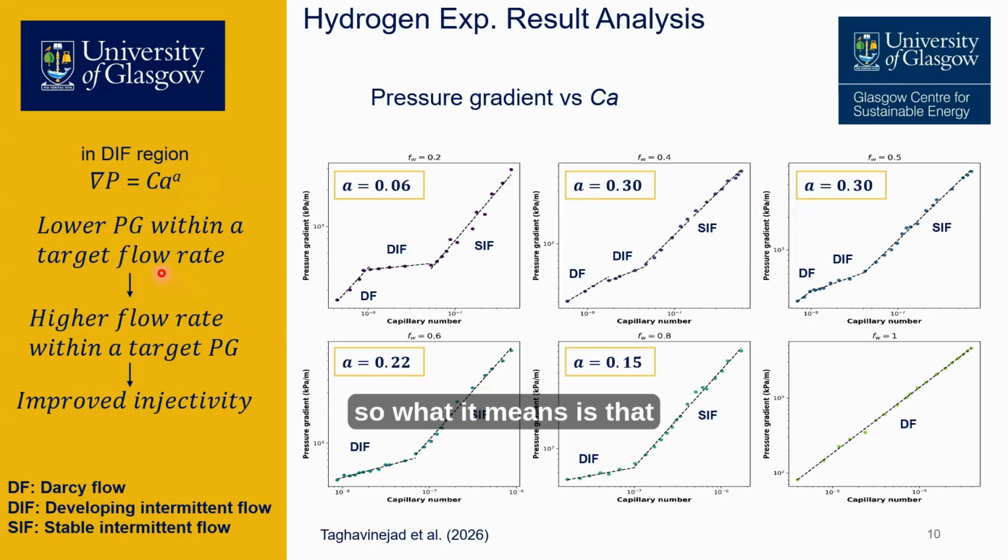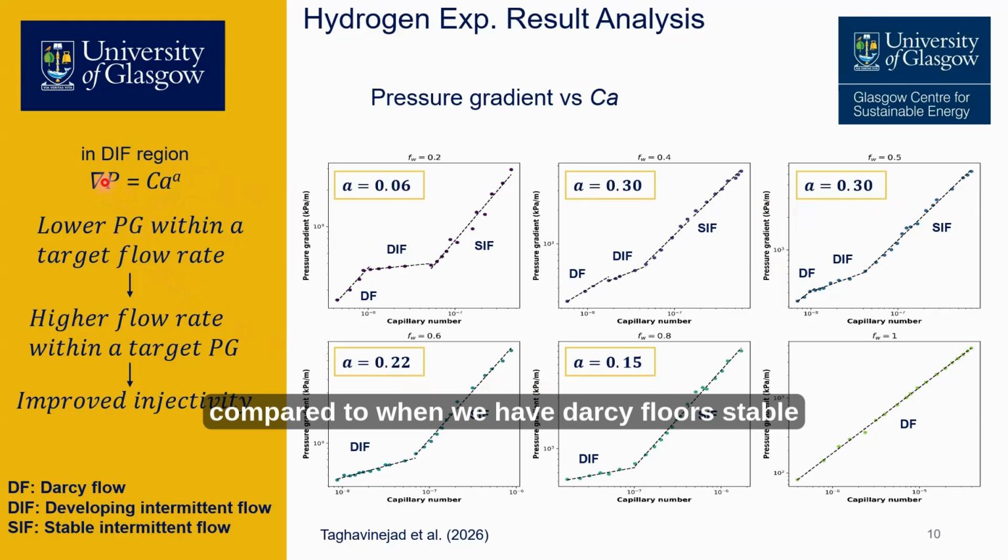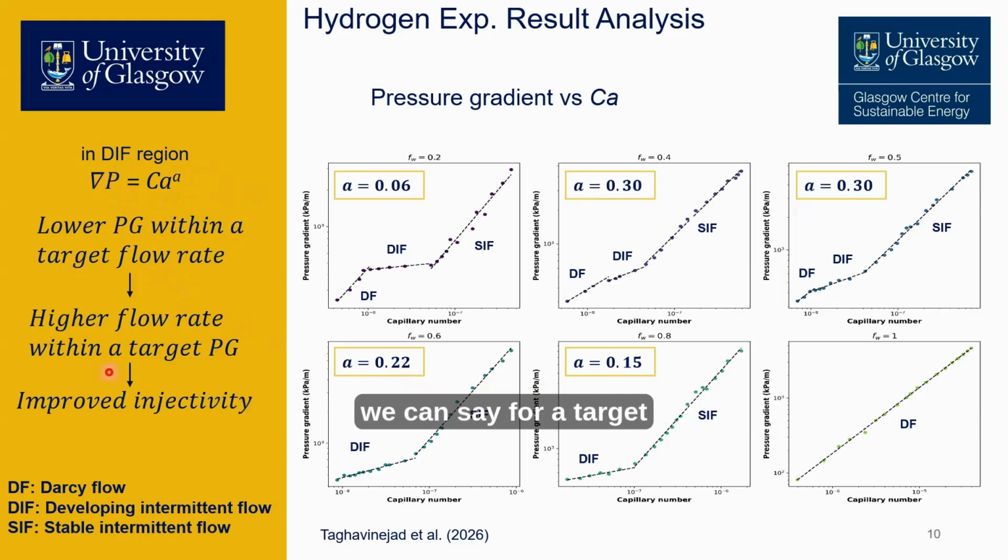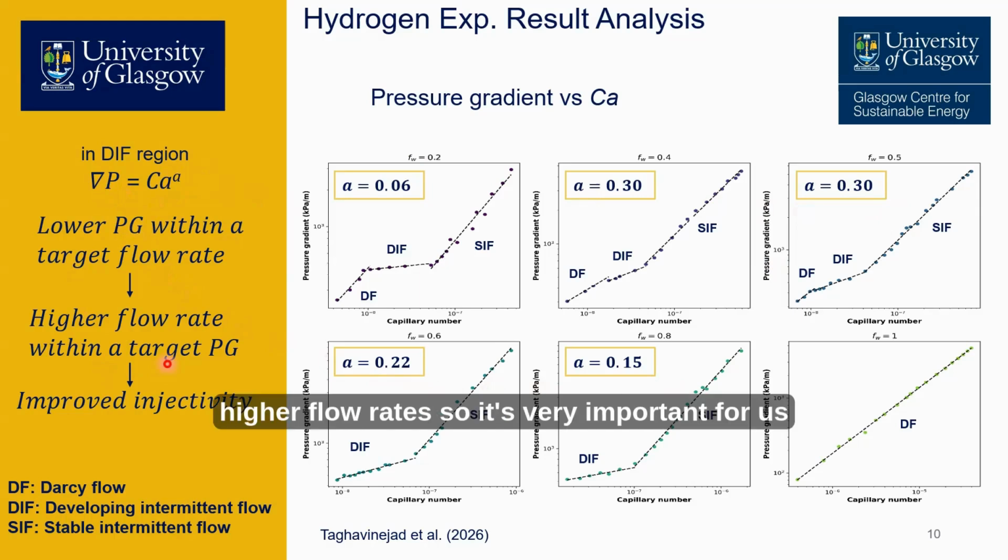So what it means is that, for example, for a target flow rate, a target capillary number, in this case, we can see lower pressure gradients compared to when we have Darcy flow or stable intermittent flow. In other terms, we can say for a target pressure gradient, we can expect higher flow rates.